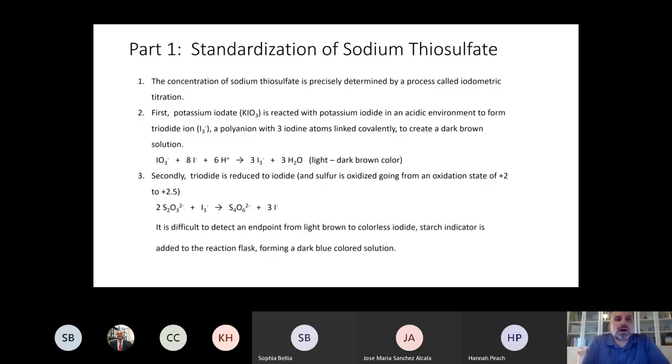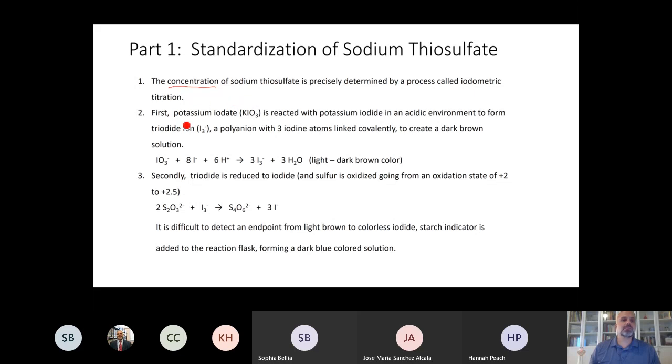In part one, the concentration of the sodium thiosulfate is precisely determined by a process called iodometric titration. We would have started with an approximate concentration, for example approximately 0.1 molar, but you want to figure out exactly what it is.